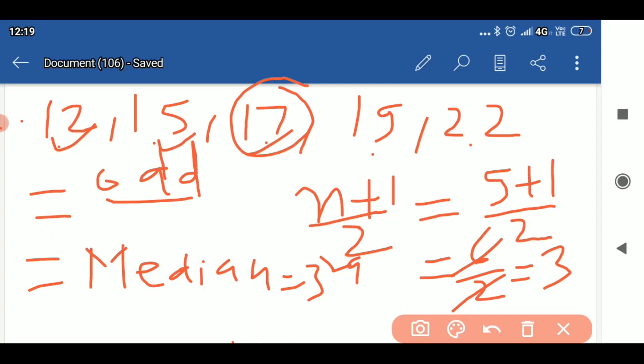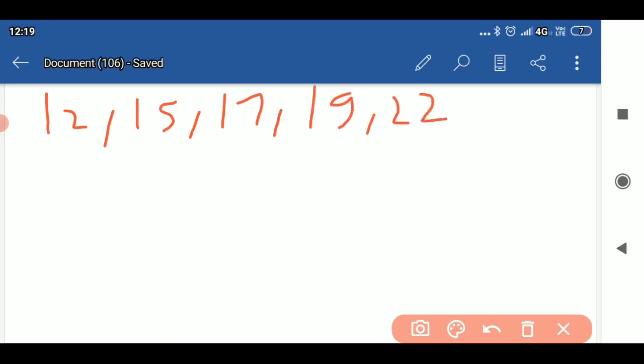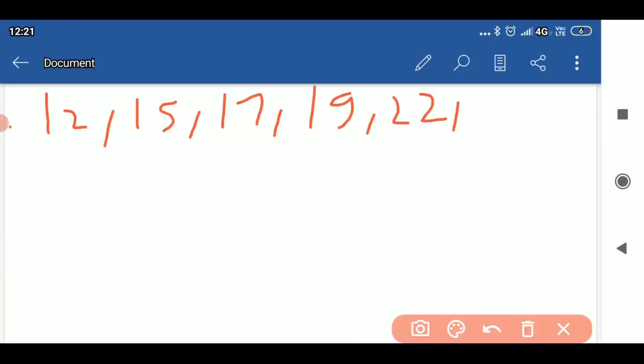Understood? Now let's talk about if our data is in even number. What will we do? Suppose I extend one more number here: 12, 15, 17, 19, 22, and 25. Let's count the number of observations: 1, 2, 3, 4, 5, 6.